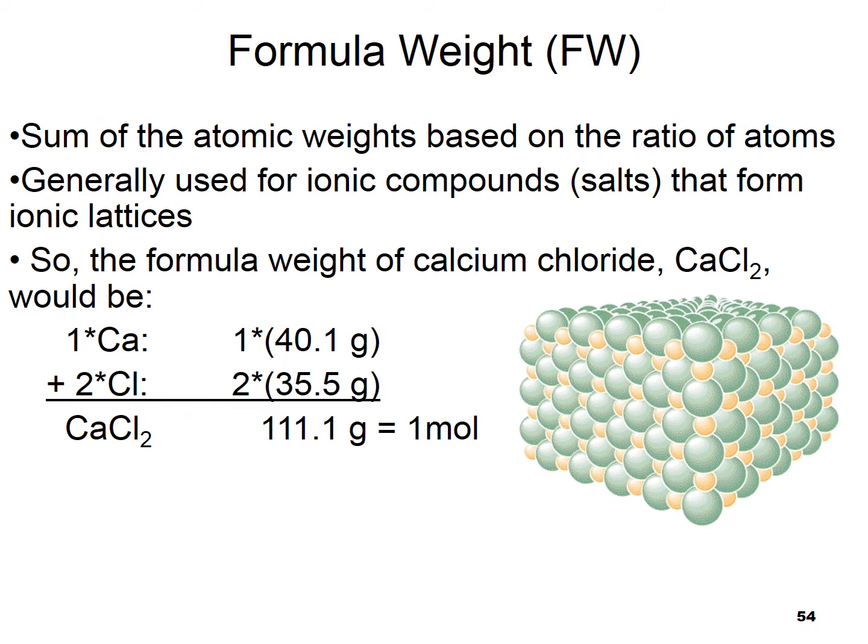So formula weight is the same idea. Technically it's different, but in practice it's used exactly the same way. Okay, so we're looking at a salt, CaCl2. Again, the difference between a salt and a molecule is that a molecule is a single structure containing only a few atoms, whereas a salt, like calcium chloride, contains billions and billions of atoms in a lattice arrangement.